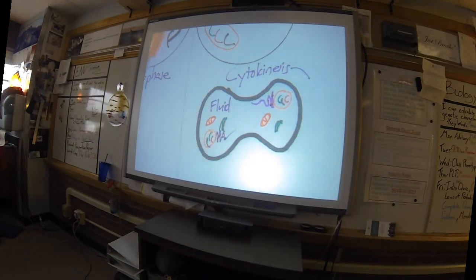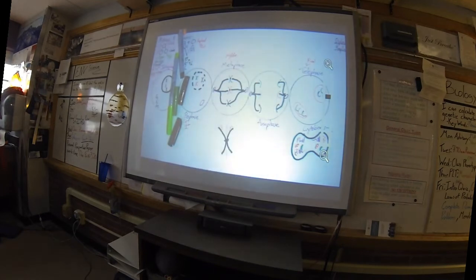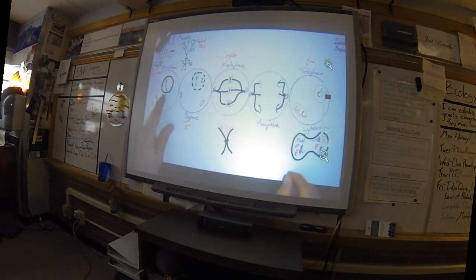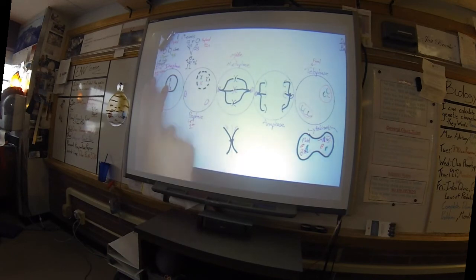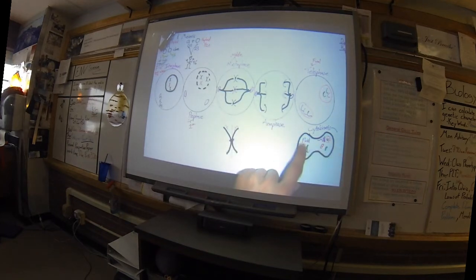Now, our goal is to go from one cell to two cells. Looking at the whole picture, oh man, I made a mess. We go from 2N to almost 4N, so we have double our DNA, and now we're starting to divide it up so we have our original DNA over here. This guy over here is 2N. This one over here is 2N.